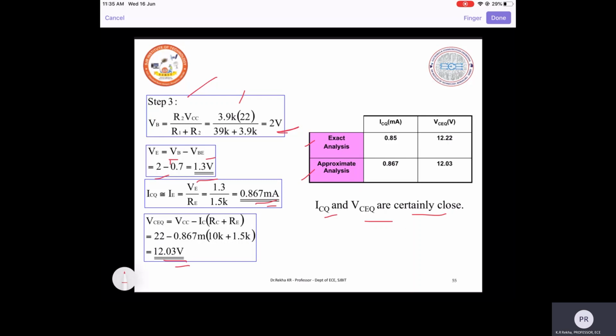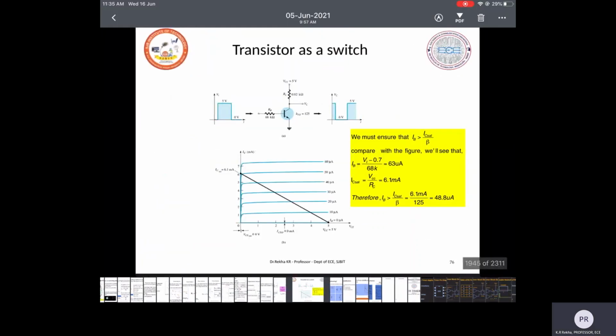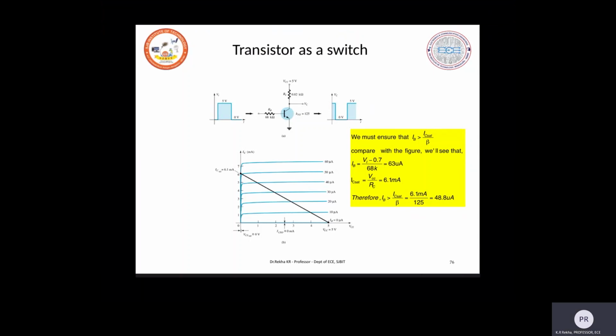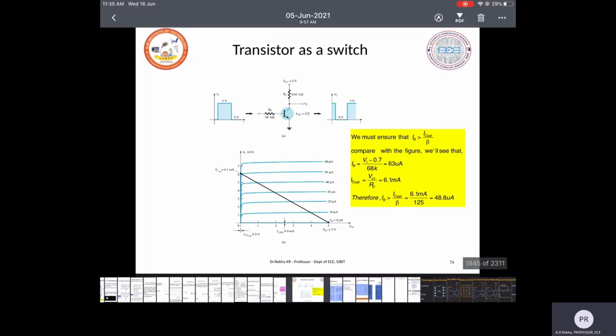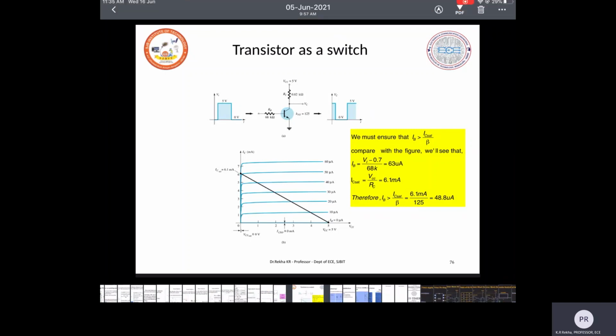It is clear. This type of problem will be given to find the variations in the given quantities. So now we can see how the transistor acts as a switch.